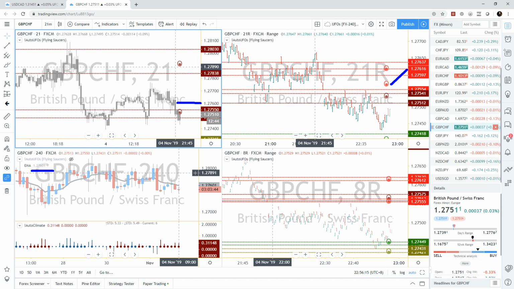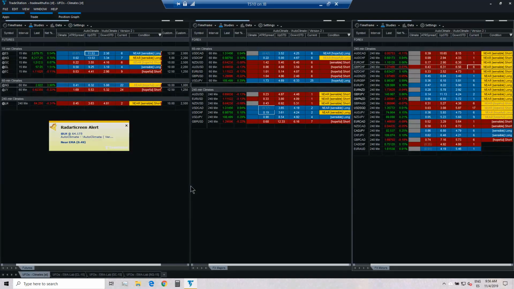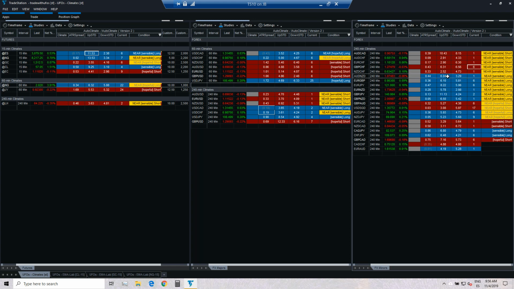But we got 61 here, but it only goes until 63. And at 63, we still got nothing. So yeah, no, we don't have the proper setup with UFOs overlapping properly the moving average. We don't have it. Okay, so therefore, we are going to have to ignore that one.